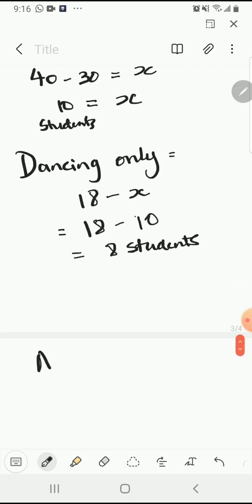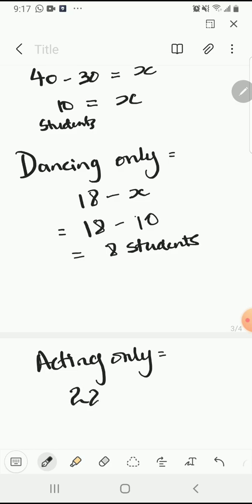Alright, acting only, it's the same. Acting was 22 students, so acting only is 22 minus x. That is 22 minus 10.